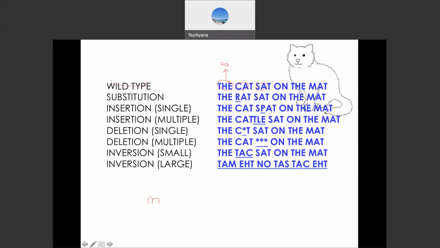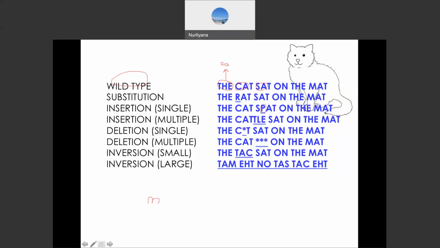Substitution means you substitute, you change from cat to rat, or change the C to become R. Insertion means you are adding an additional base, like set becomes pad, so that means you insert one.